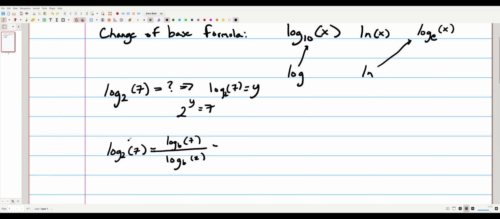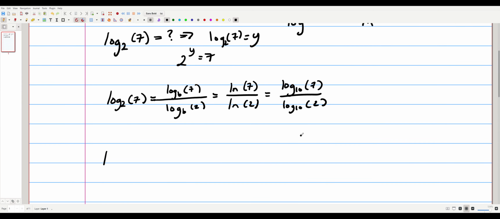And so I've written b, but this just means it's kind of dealer's choice here. You can choose whichever logarithm on your calculator you want. You can do natural log of 7 divided by natural log of 2, or you can use log base 10 if that's one you're more comfortable with. Log base 10 of 7 divided by log base 10 of 2, and that is the change of base formula.